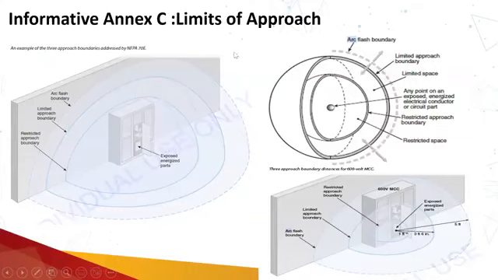So now, in the previous class we saw the limited approach boundary and restricted approach boundary, and now the arc flash boundary. The arc flash boundary is normally shown as the outermost boundary, and then the limited approach boundary and the restricted approach boundary. Just keep in mind that the relationship between the restricted approach boundary and the limited approach boundary is constant: the restricted approach boundary will always be on the inner side and the limited approach boundary on the outer side.